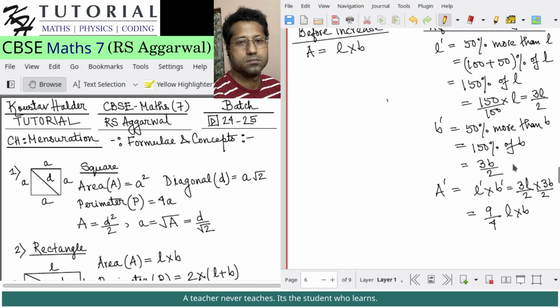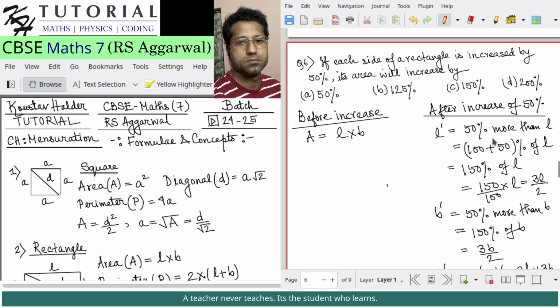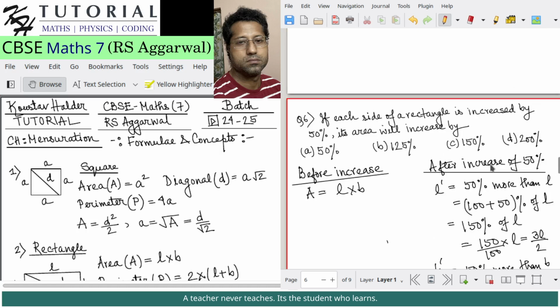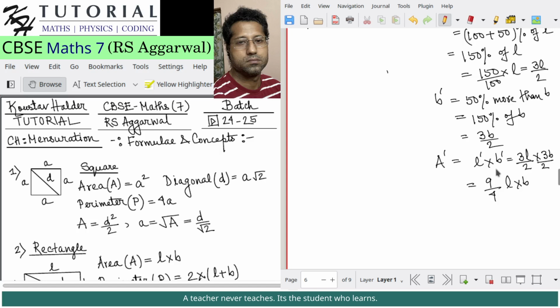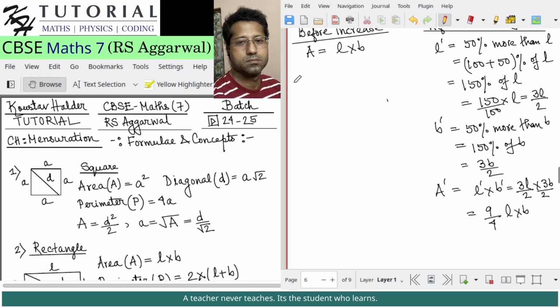So definitely 9 by 4 LB is greater than LB. Now the question has asked by what percent the area will increase. Okay. So increase in area is equal to A dash minus A, which is 9 by 4 LB minus LB.